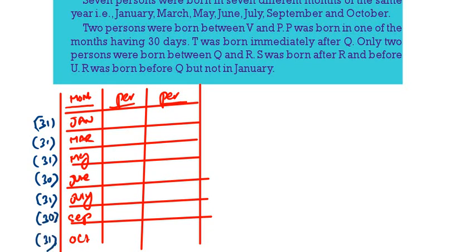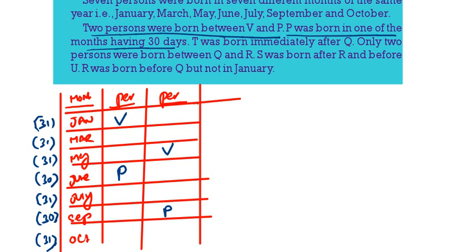Now P was born in one of the months having 30 days. P is 30 days means there are 2 options for P. It can be June or it can be September. Then 2 persons are there between V and P. We can draw one more possibility also.